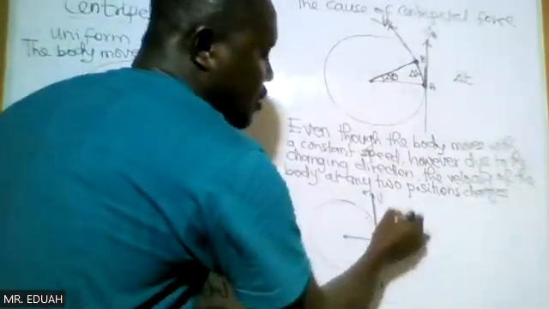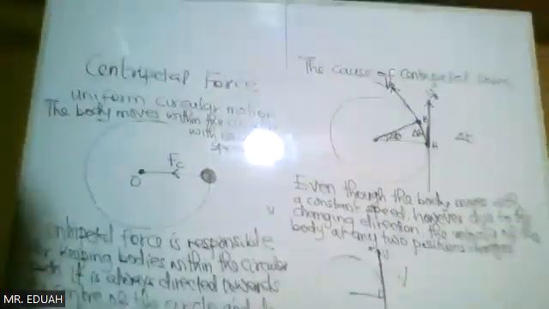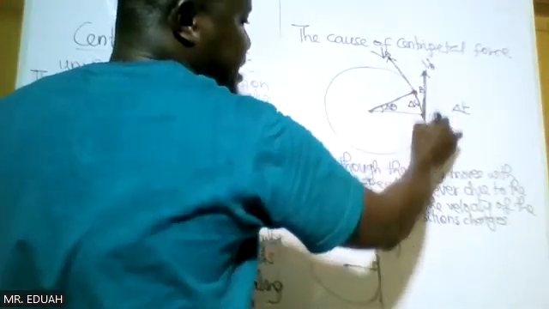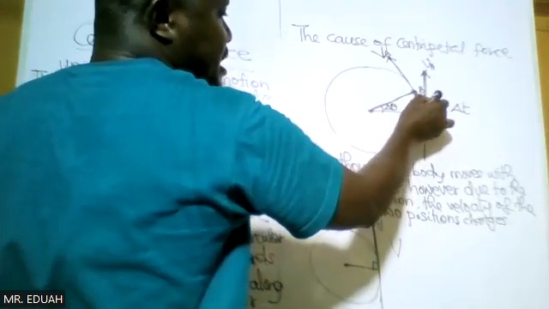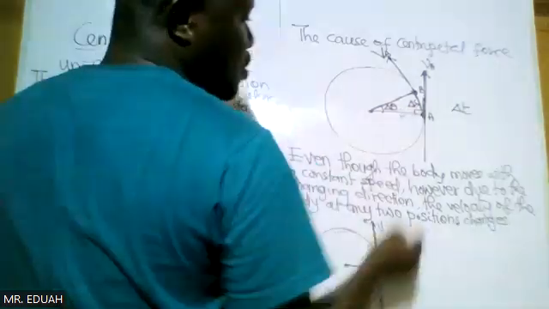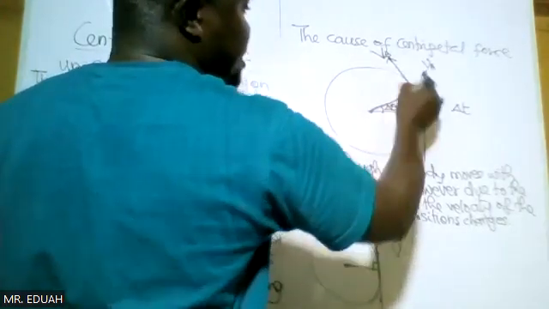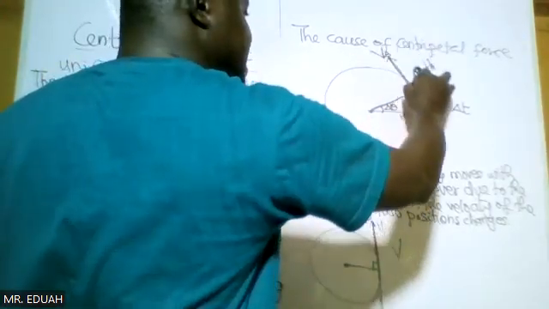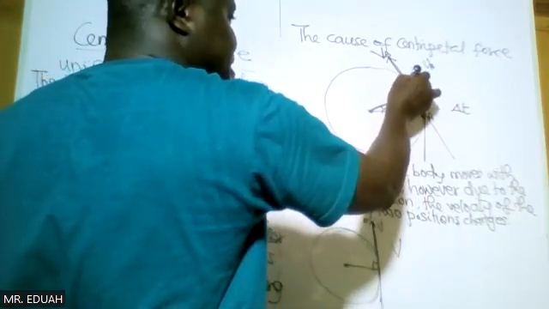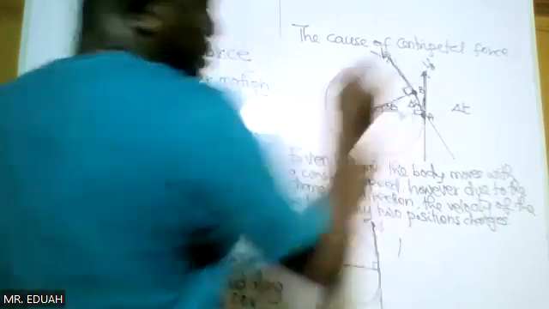So if we look at the individual velocities, VA is tangential to the circle, meaning it makes an angle of 90 degrees with this radius. VB is also tangential to the circle, and so it also makes an angle of 90 degrees with the radius.